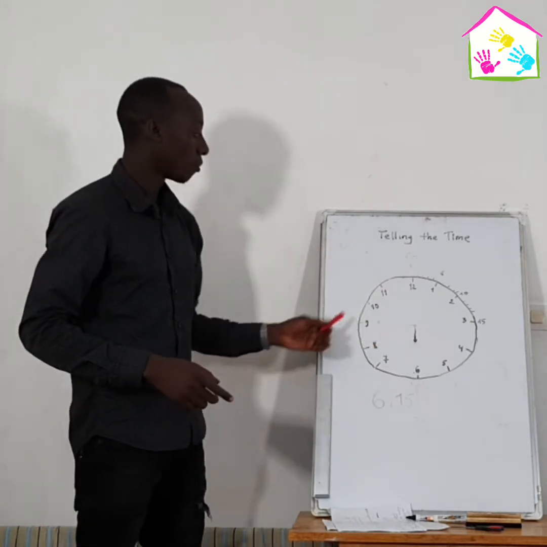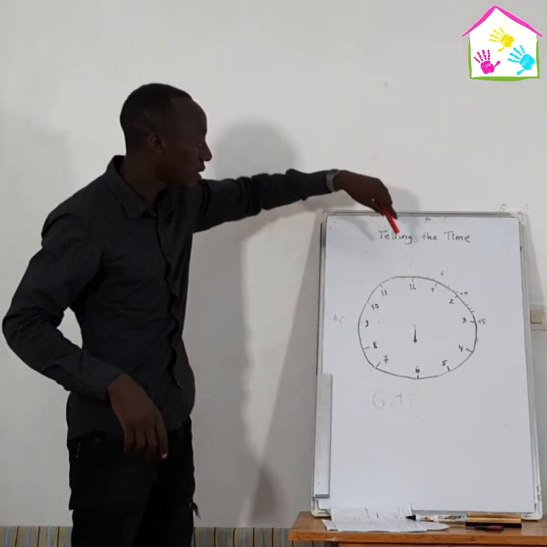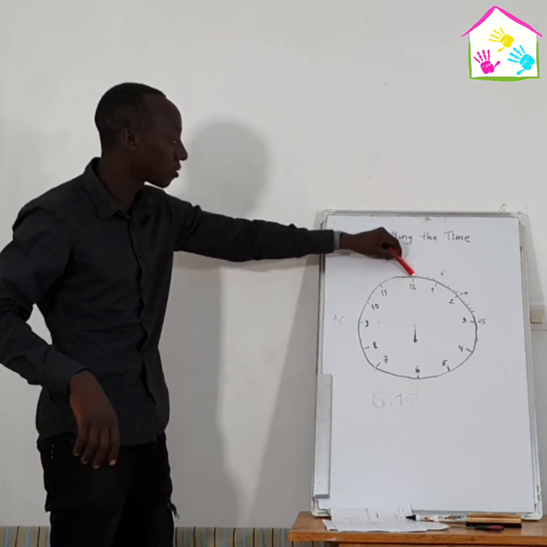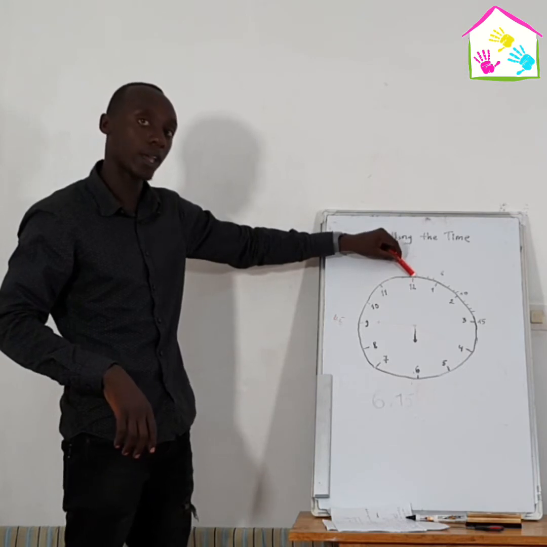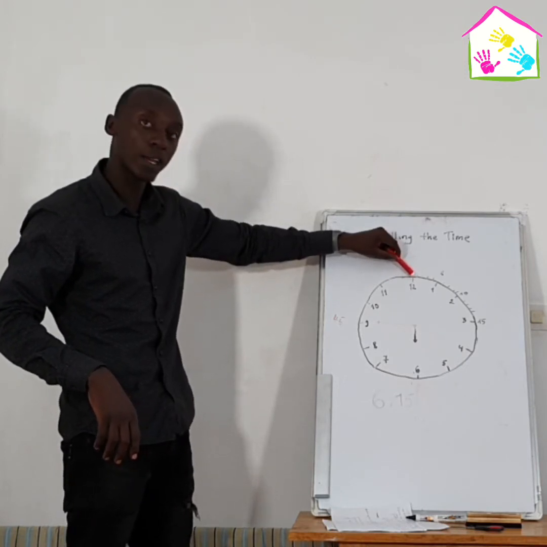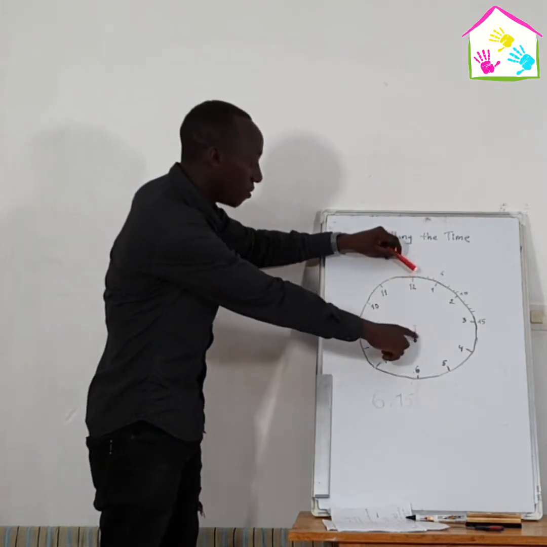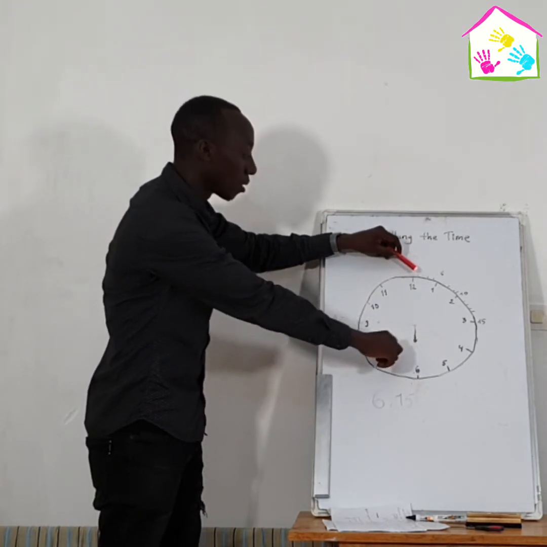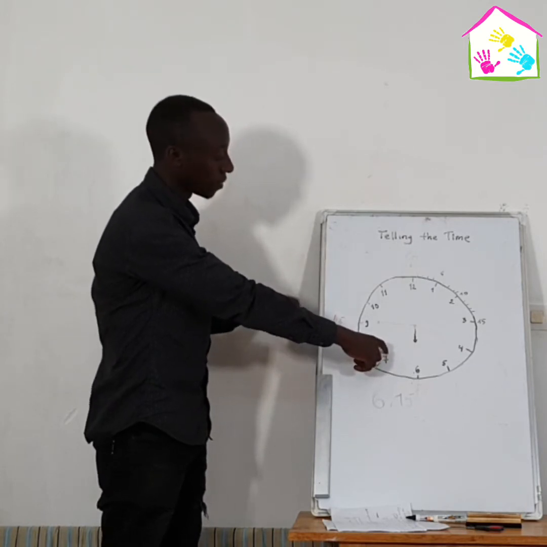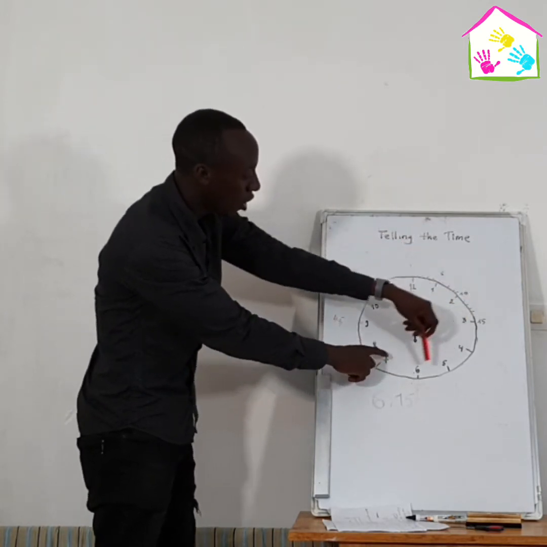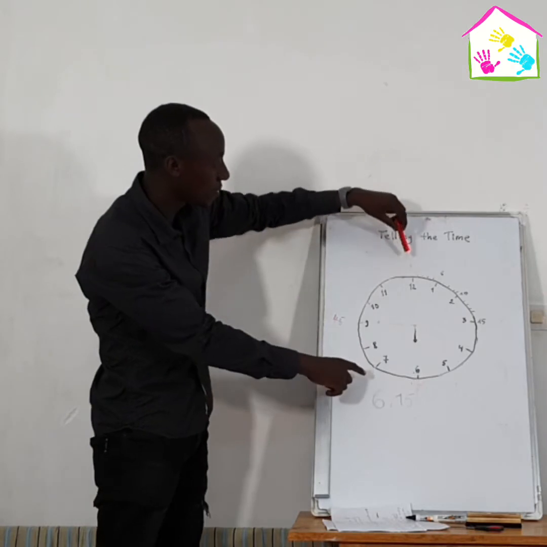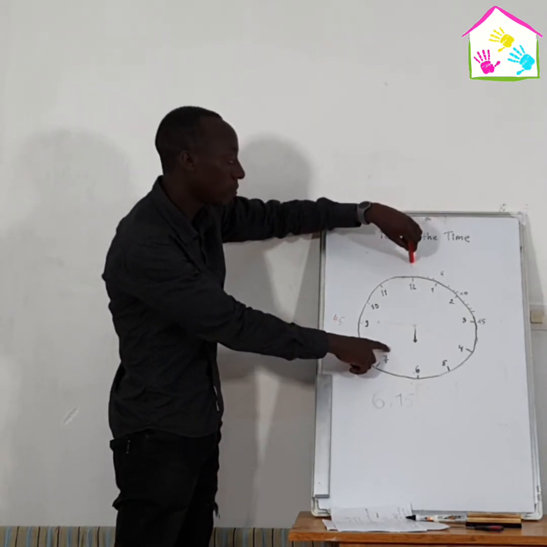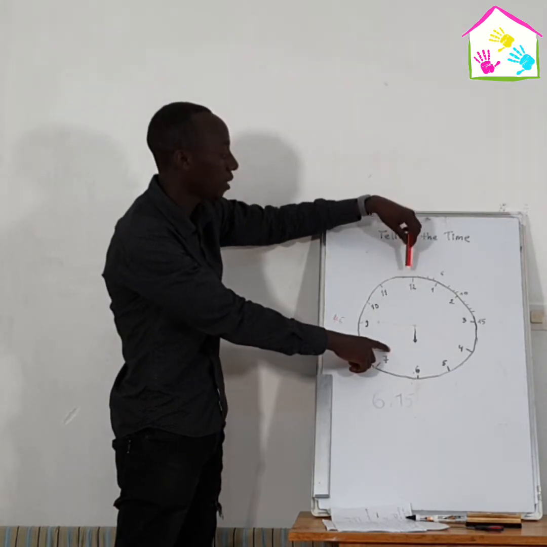For example, we have 15 minutes, we still lack 15 minutes to make 1 hour. When it makes 1 hour, this hand will move to 7. When the long hand moves and it makes it to 60, we have 60 minutes.